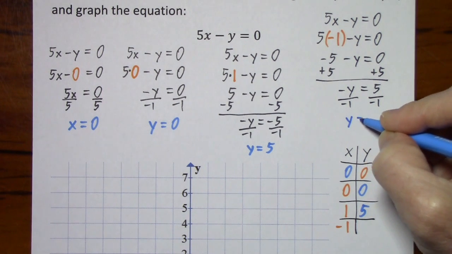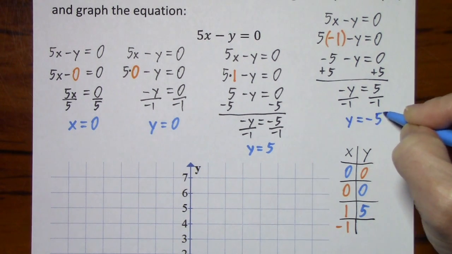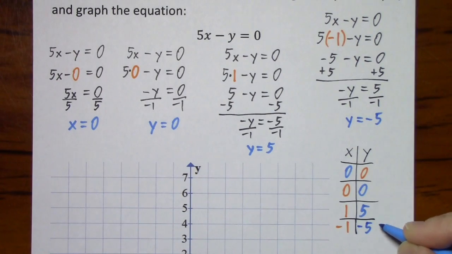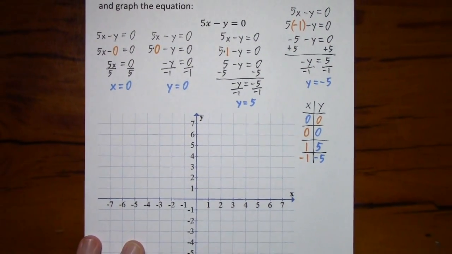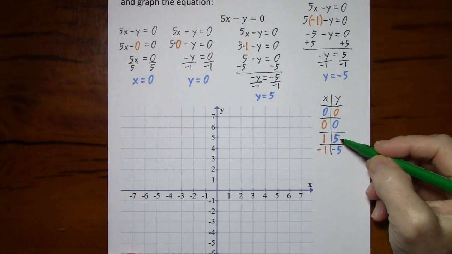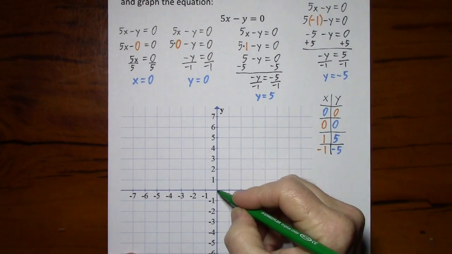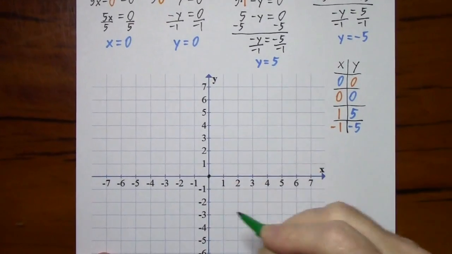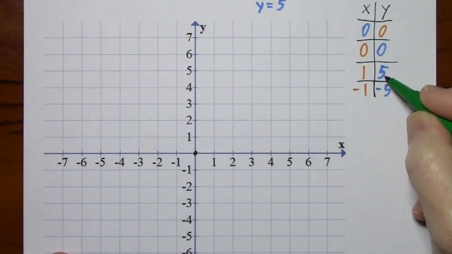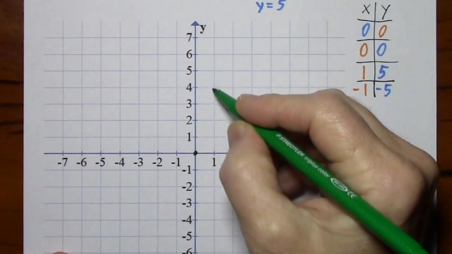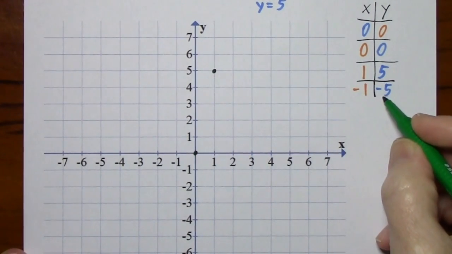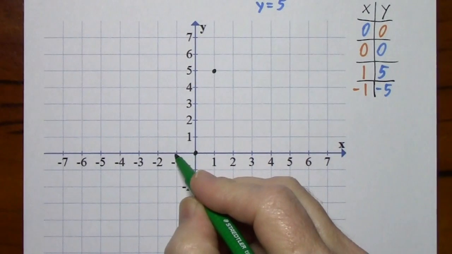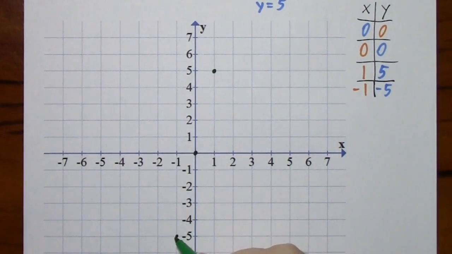So we have y is equal to a negative 5. We'll graph our three ordered pairs. First 0, 0, 1, 5 over 1, up 5, negative 1, negative 5, back 1, down 5.